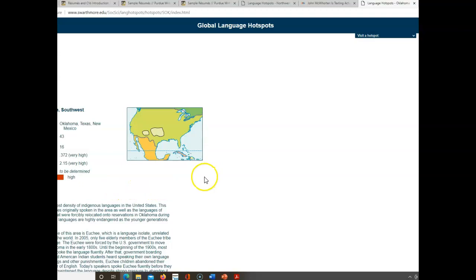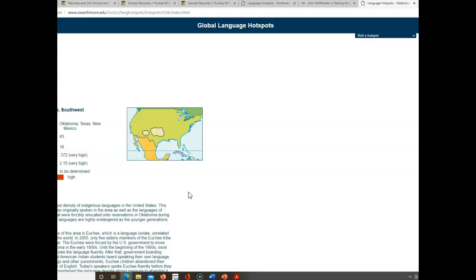And the way that endangerment is often gauged is in terms of not even just how many people can speak the language, but where they are in their own lives. So, for example, the process of endangerment and then extinction often starts with children no longer being able to speak it, and then middle-aged people no longer being able to speak it.